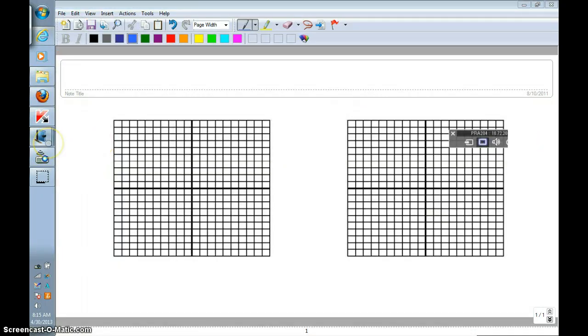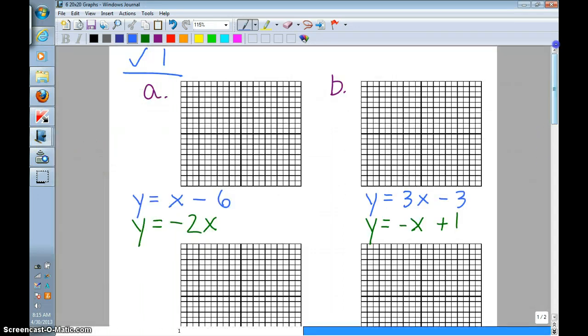I'm going to be jumping around with graphs today. What we're looking at is from 8-7, solving systems of linear equations.